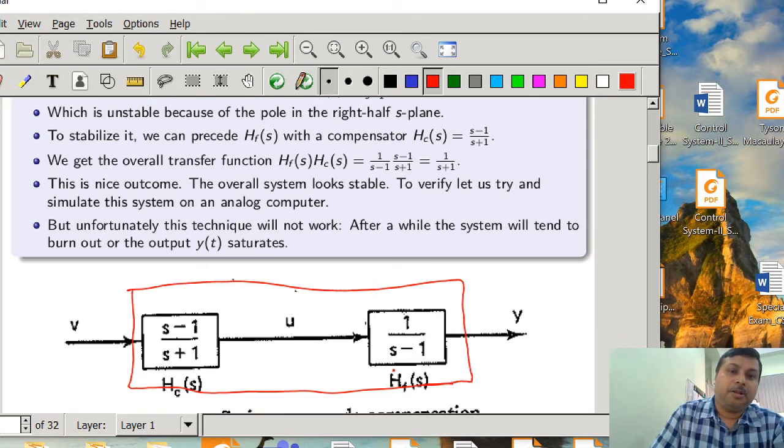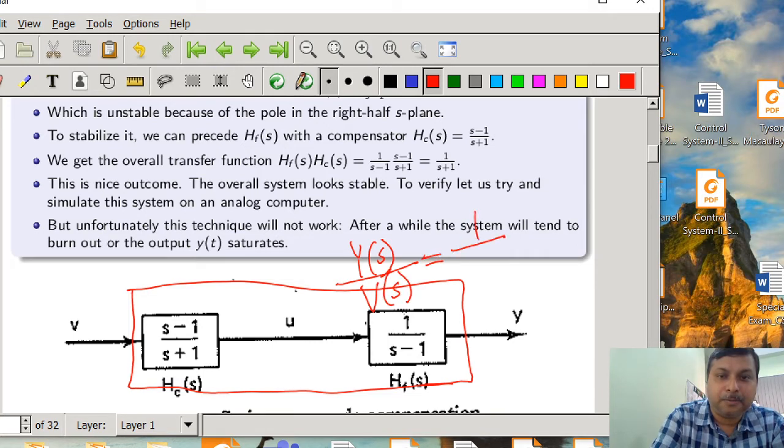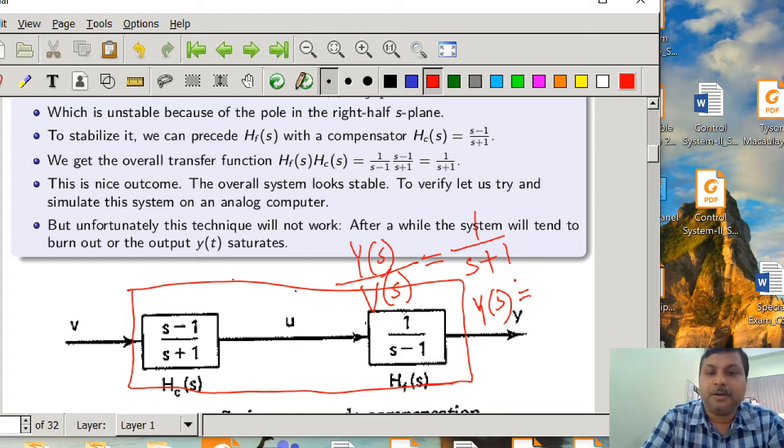So now the overall transfer function, where Y(s) is the output and V(s) is the input, is simply 1 by (s plus 1). Fine. Now if we want to find Y(s) from here, it will be 1 by (s plus 1) into V(s).